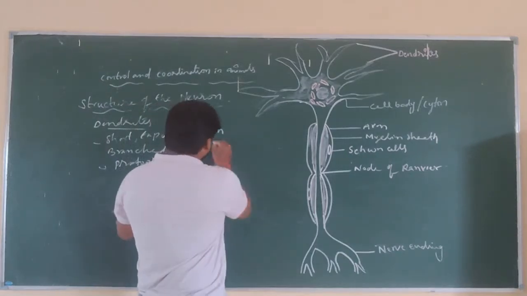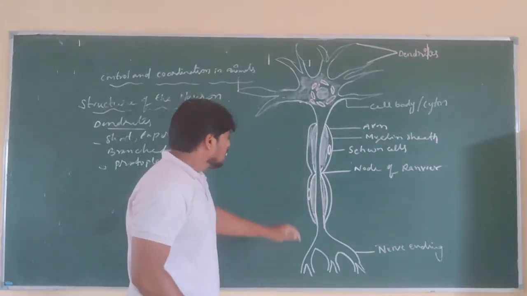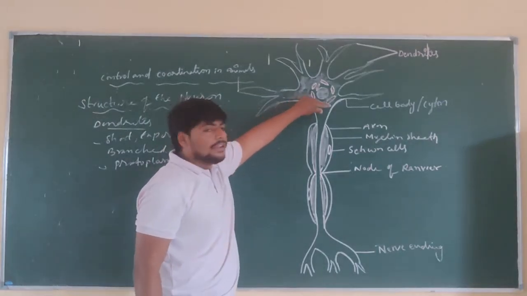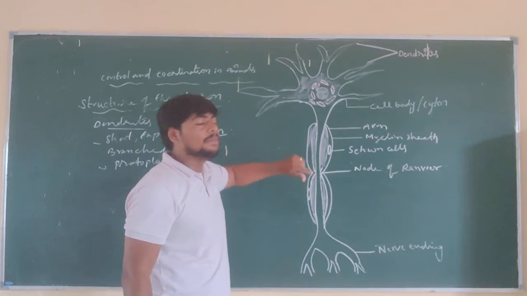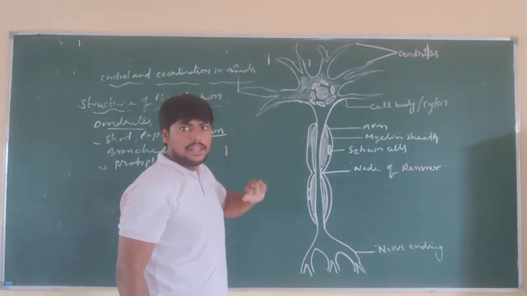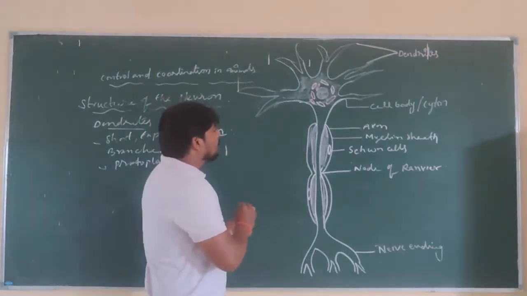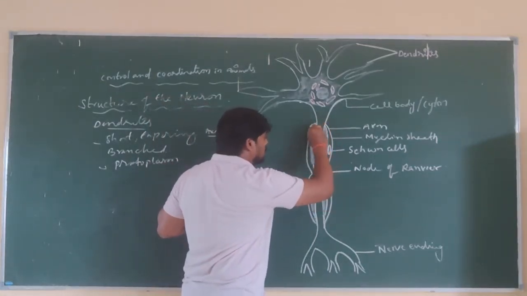So, what is the function of the axon? See, the axon is a long tubular structure which develops from the side of the cytosol or cell body, and is covered by a protecting layer called the myelin sheath.